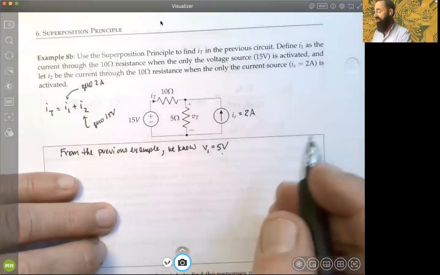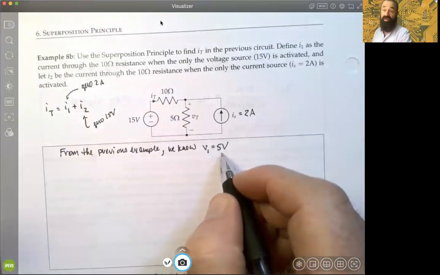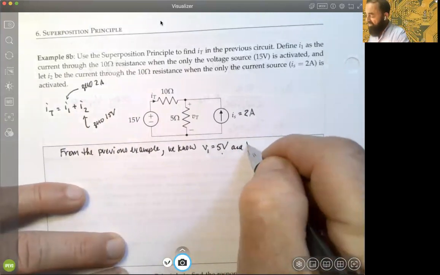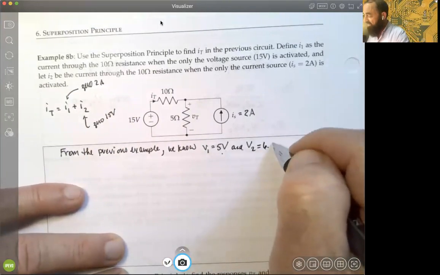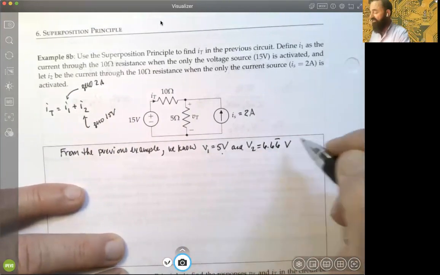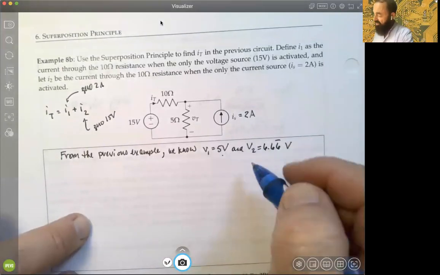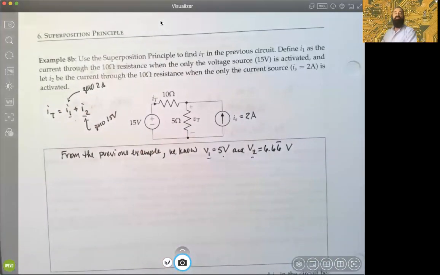Absolutely, okay? This voltage response came from zeroing the 2 amp out. And the voltage response when you zeroed out the voltage source, which was V2, remember, was 6.66 repeating volts, okay? So again, very important that these subscripts match so that the responses that you get are with respect to the same sources that you're zeroing out, okay?